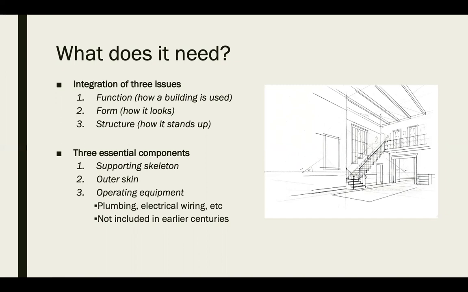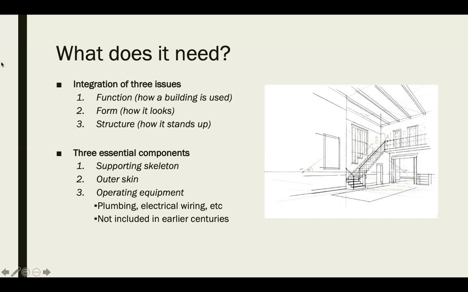We've talked about function, we've talked about form, and we've talked about the physics of how, especially with three-dimensional work, you might have an idea about something, but you have to have that more logistical part of how this is going to actually exist in my physical world and not collapse or fall over.